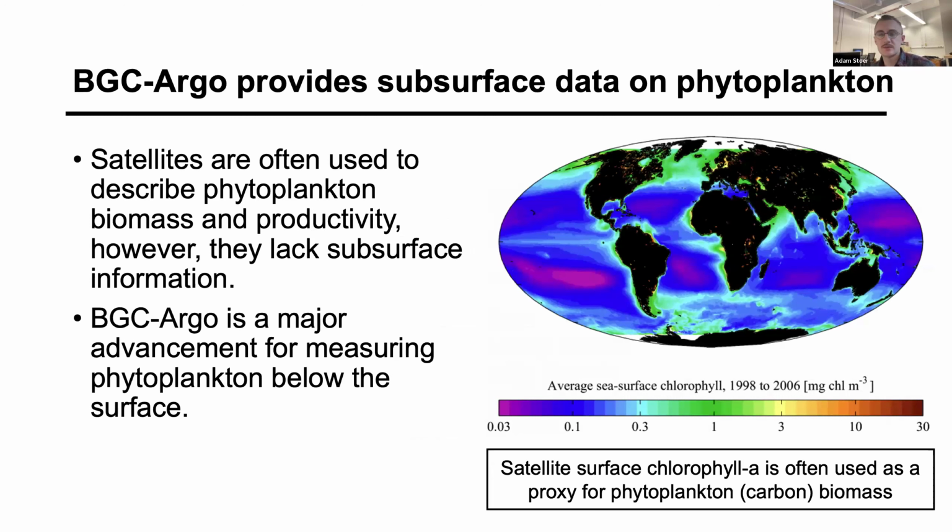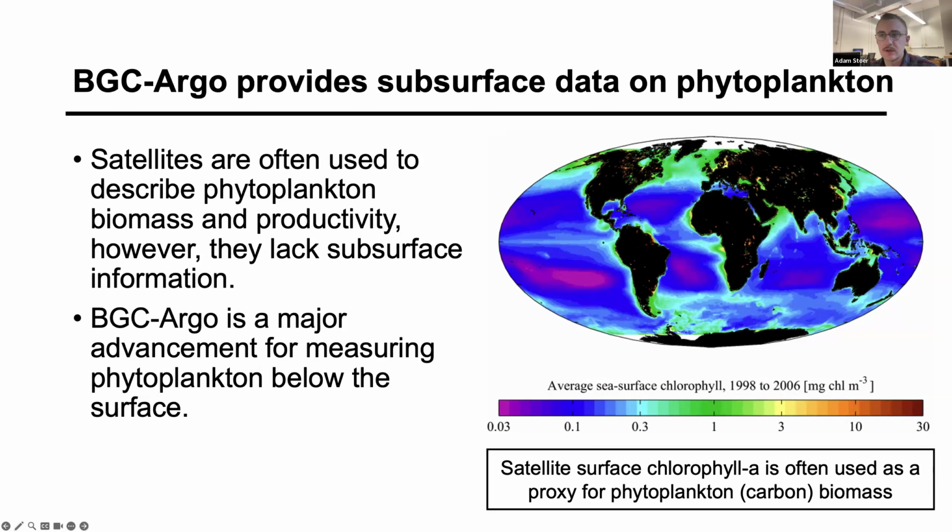When it comes to describing dynamics in phytoplankton biomass and production, what's often used is satellite data, and satellite data mainly contains information from the surface layer, the first optical depth. So they don't contain that subsurface information about the deep chlorophyll maximum or deep biomass maximum. And so BGC Argo is that big advancement that we can use to better understand variations in phytoplankton biomass and productivity.